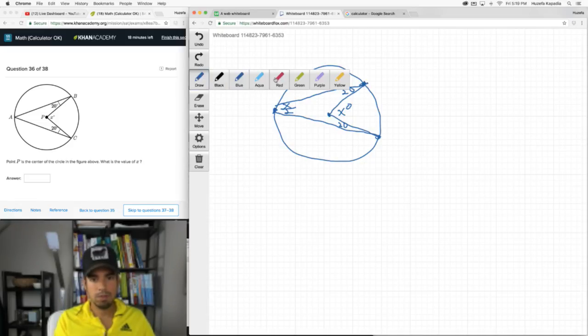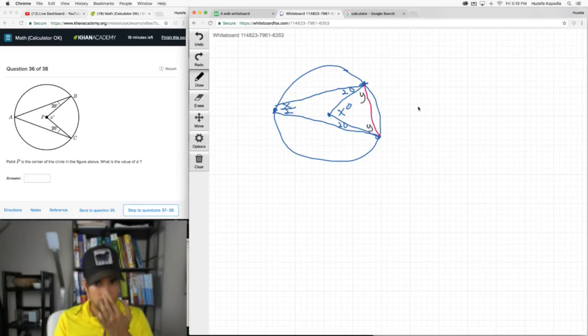So what I'm going to do is get a little creative, and make 2 triangles down here. Let's see. And I'm going to call this angle in here y and y. And I'm going to set up some equations. We know that all the angles in triangles add up to 180.